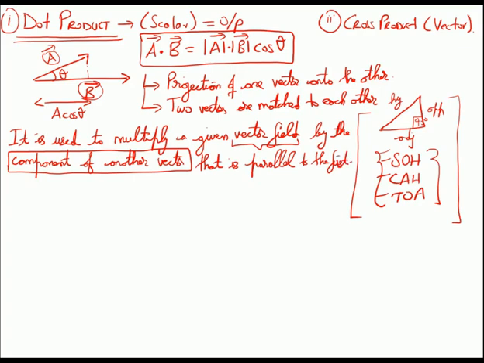And what's the angle that can exist in the dot product? Obviously it is going to be between 0 and 180 degrees. So the cos theta will normally be in this range. So this is what the dot product is all about. And what other properties do we see from the dot product?